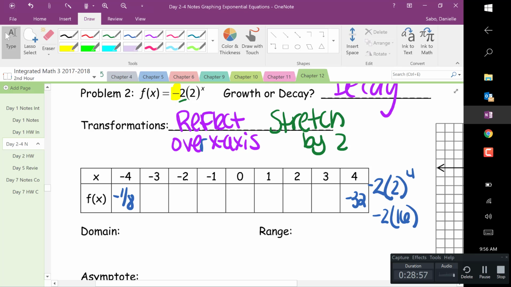When I plug in 0, I get 1, right? So it's negative 2. And then this one's negative 2. And I plug this in, I get 2 times negative 2. There you go. So just pretend the negative's not there for a second. Let's choose 2. So you're thinking of 3.